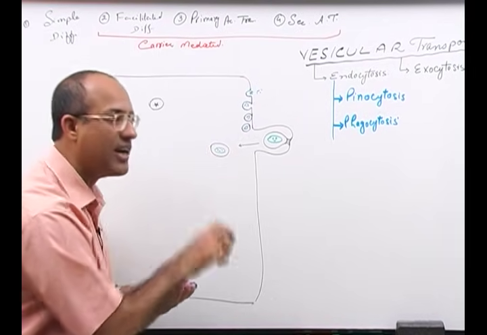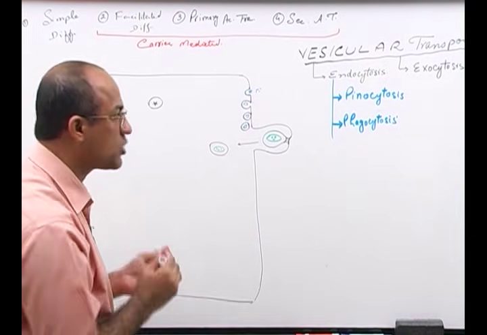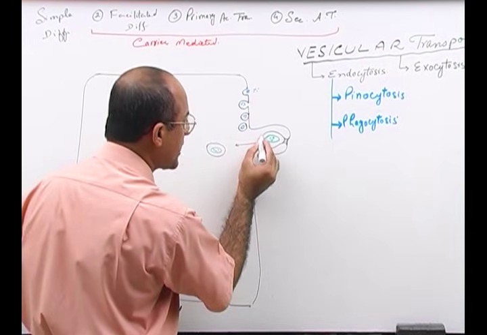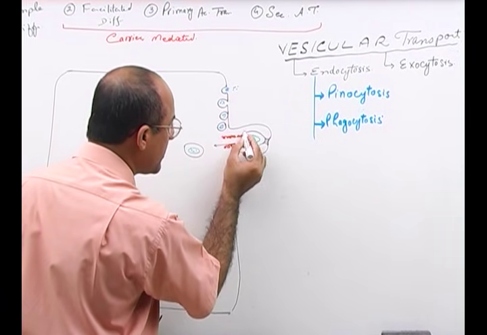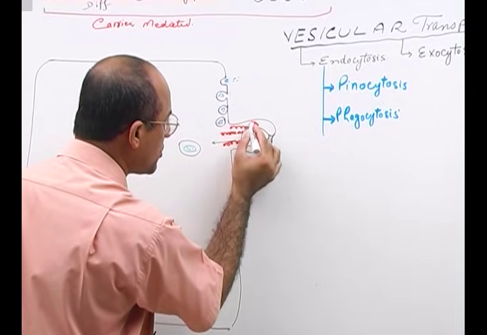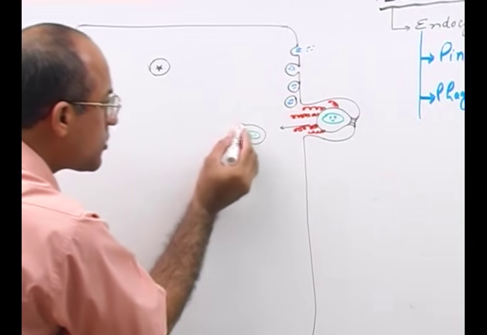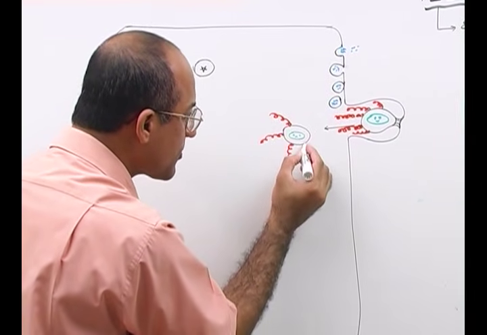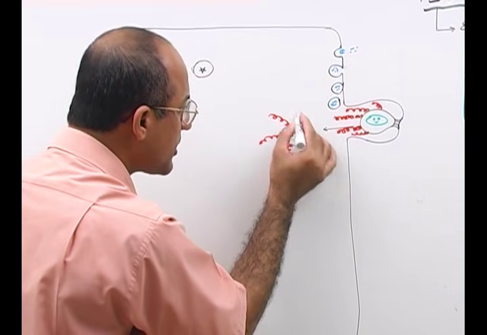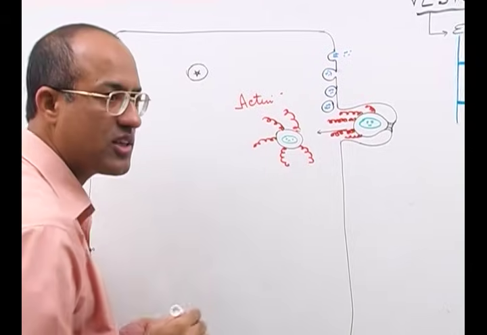The special thing in phagocytosis is that capturing a bacteria or particle is not easy, and the vesicle becomes really very heavy. To move this and pull it in, special protein molecules are arranged around it to pull it in. These are called actin filaments, actin protein.